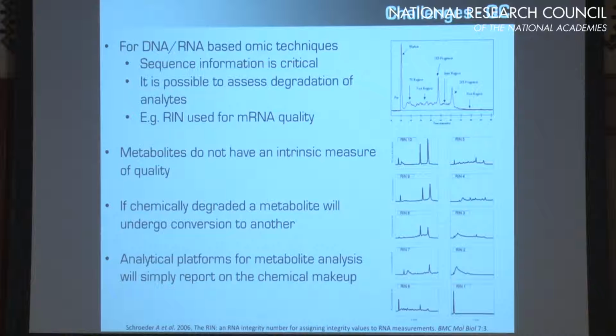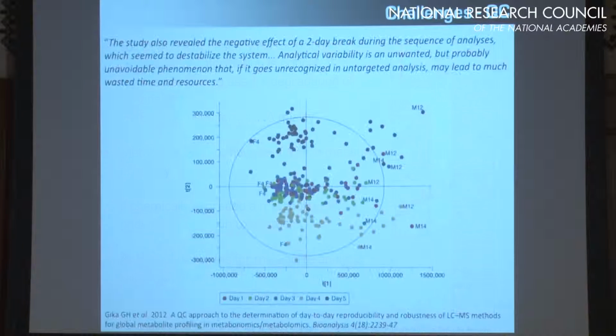So this gives you an idea of whether your analysis is going to be any good or not in the end. We don't really have anything like that, and so we really need to put a lot of steps in place to understand, if we can't know whether there's an intrinsic quality to these things, at least we can capture them and preserve them in a state that's most representative of the sample we took at the beginning.